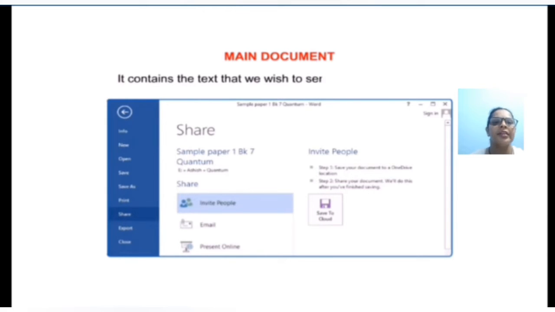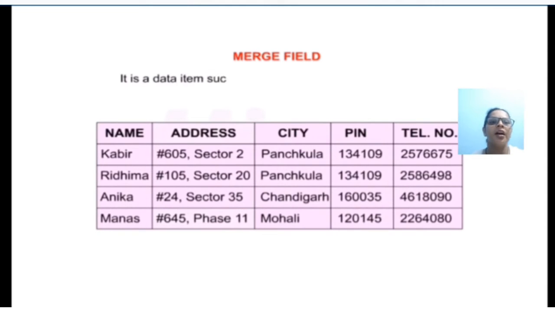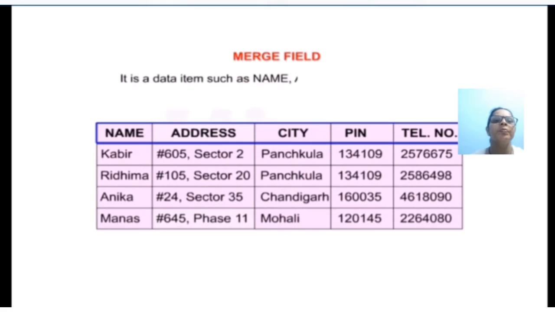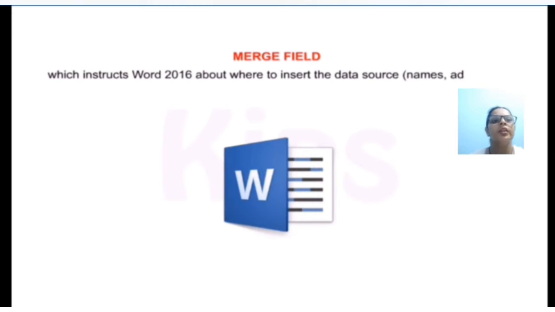It contains the text that we wish to send to all recipients. Then the merge field. It is a data item such as the name, address, city, pin, telephone number, etc., which instructs Word 2016 about where to insert the data source name and address information in the main document.